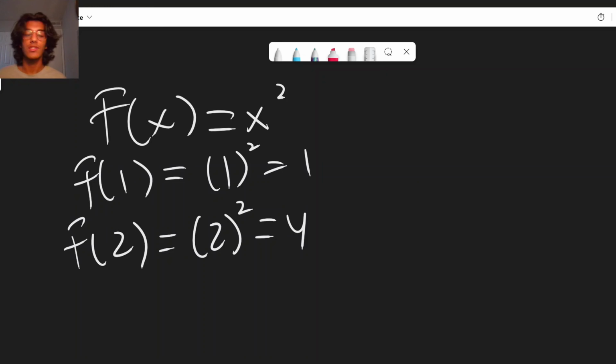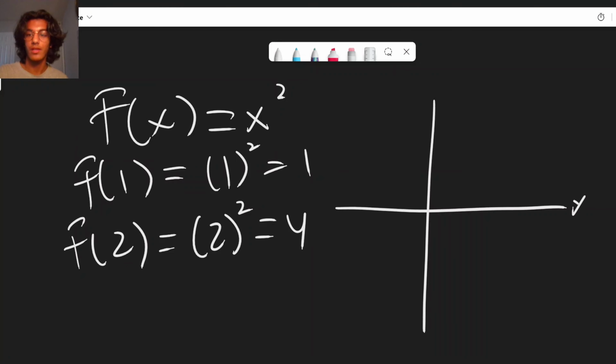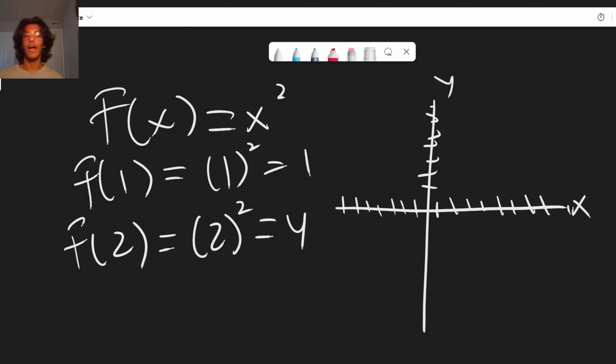These are functions. Now you can graph them. If you have a Cartesian plane, which is basically x-y axes perpendicular to each other, and the inputs are the x-axis while the outputs are the y-axis, then we can graph the function.